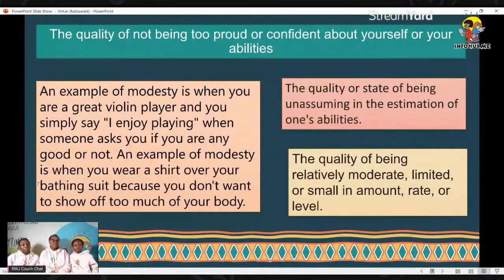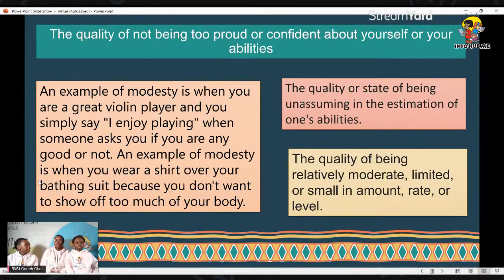What is moderation? Can I read this? Yes, please. The quality of not being too proud or confident about yourself or your abilities. So I'm very great with my abilities, but I'm not too proud about it, and I'm not overconfident about it. I'm just normal with all my abilities. I don't let it get into my head.